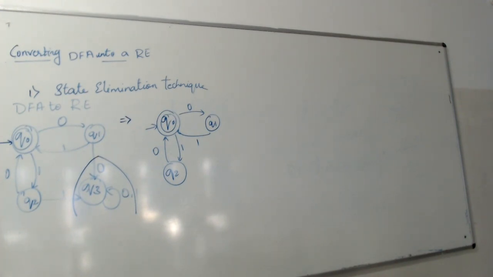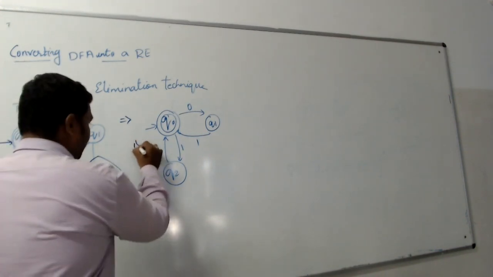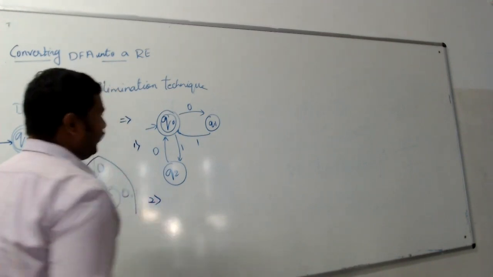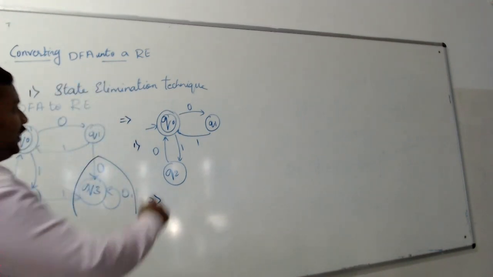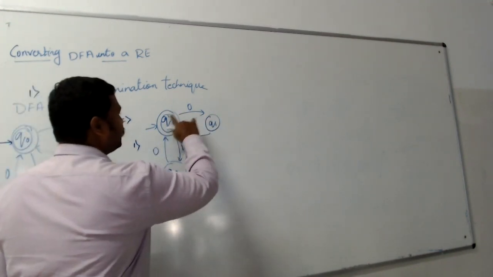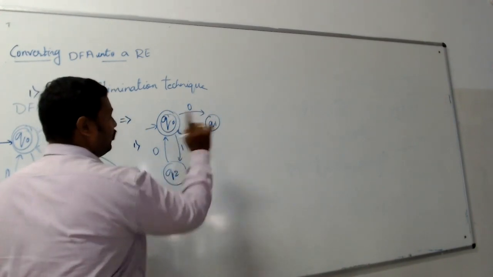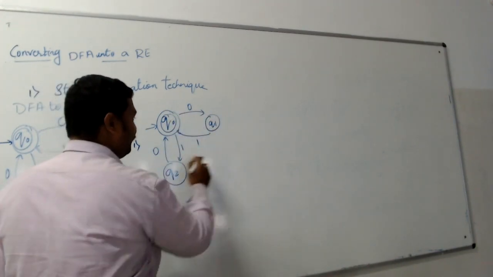Okay, next. This is the first step. In the second step, first I'll identify the loops. So the loop is from Q0 to Q1. It's going here and coming back here, and it's not a final state. So this loop can be eliminated.